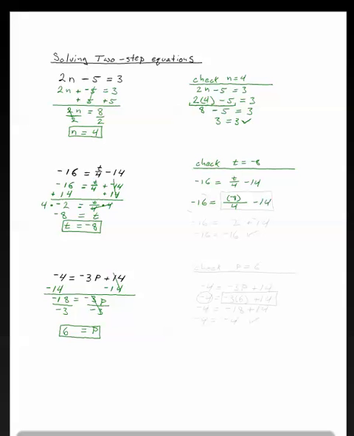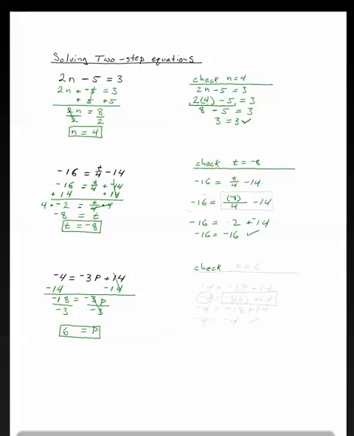So that gives us negative 16 equals negative 8 divided by 4, which is negative 2, minus 14. Well, remember, subtraction, we changed to addition of the opposite. So minus 14, we're going to change to plus negative 14. And negative 2 plus negative 14 is negative 16. So we get negative 16 equals negative 16, which is true. So our answer checks.